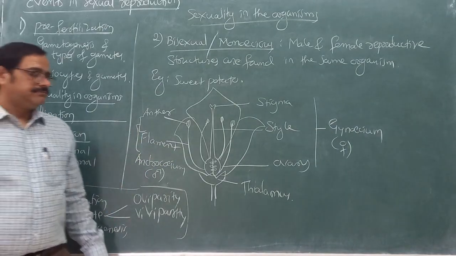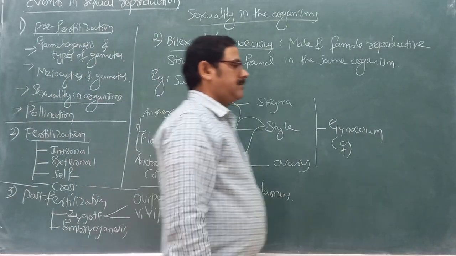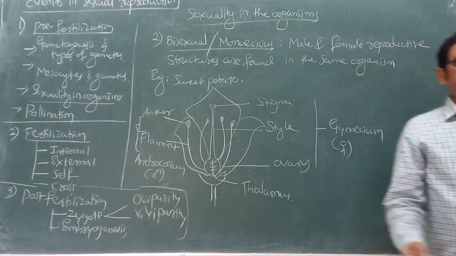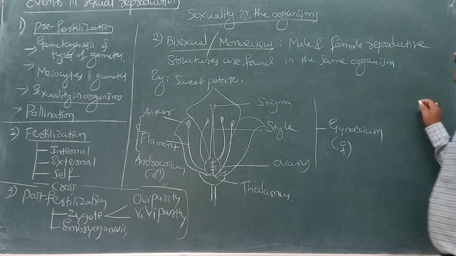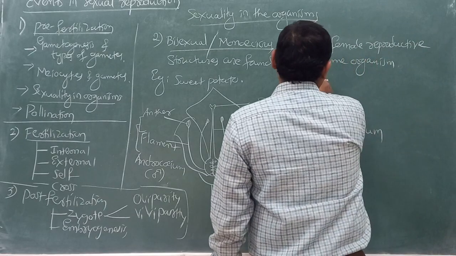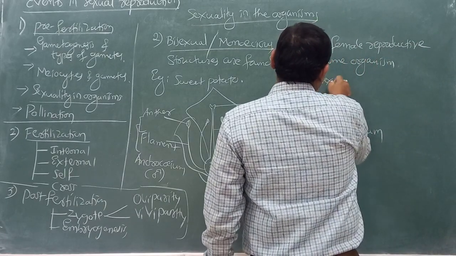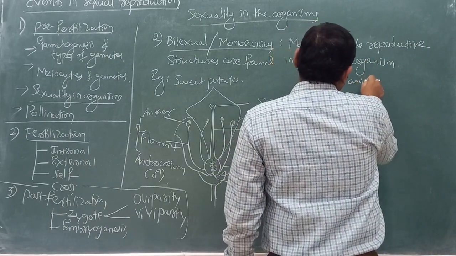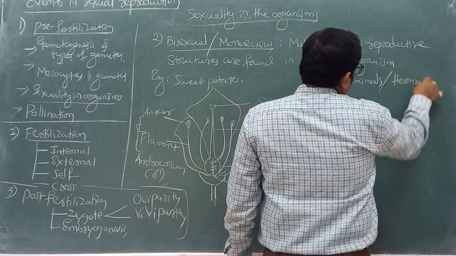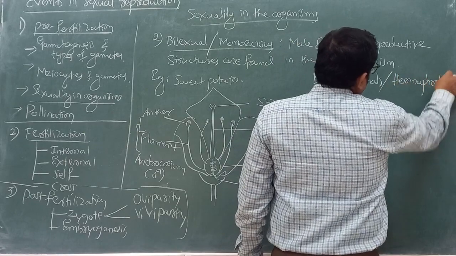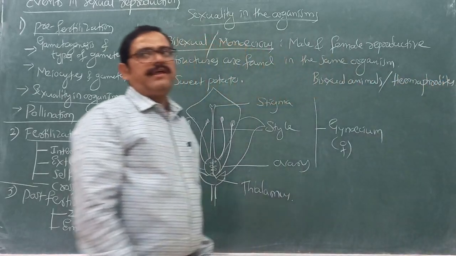Understood? Now, bisexual animals also do exist. What are they? Bisexual animals, we call them hermaphrodites. What is an example of a hermaphrodite animal?